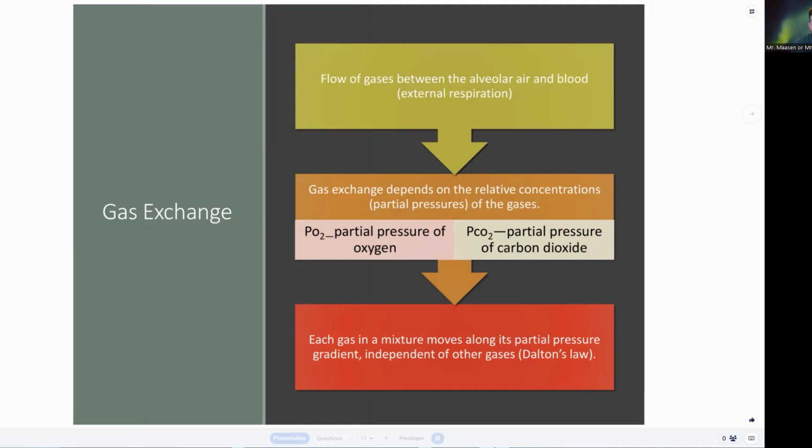So gas exchange, what's happening here? When you say gas exchange, you're talking about the movement of oxygen and carbon dioxide through the alveolar wall, that small, thin alveolar wall, because all the alveoli have their own dedicated pulmonary circulation.